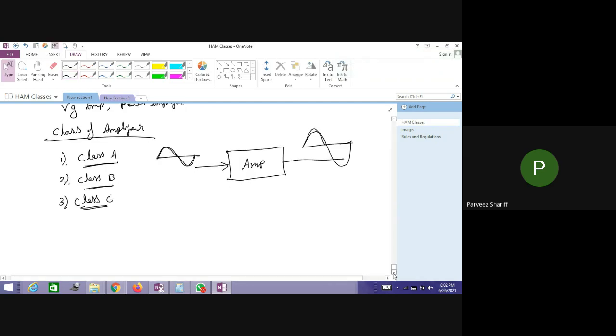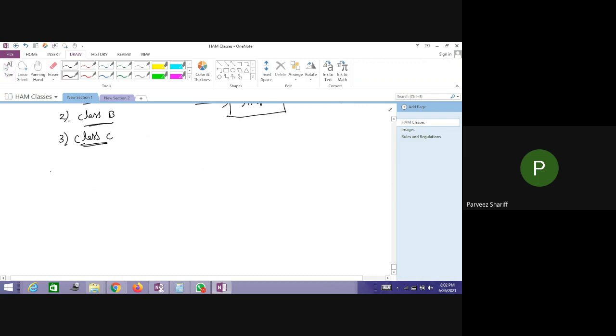So let us take the first one, the class A amplifier. To understand the class A amplifier, I'll write a transconductance graph. It is like this, with respect to the input current and output voltage.